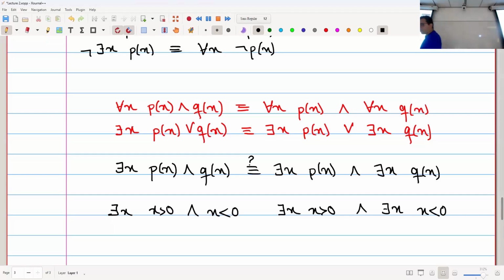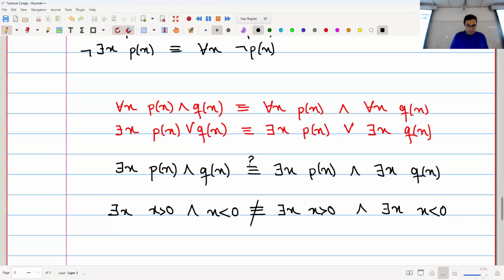Now, these two are not equivalent. The one on the left is false when it comes to real numbers, because you don't have any value of x that is both positive and negative, right? But the one on the right is true for real numbers, because of course you have at least one positive number and at least one negative number. So you cannot do this.